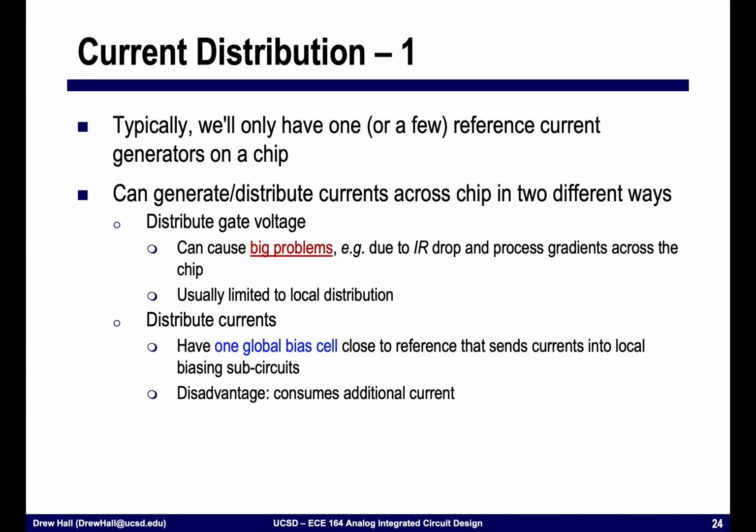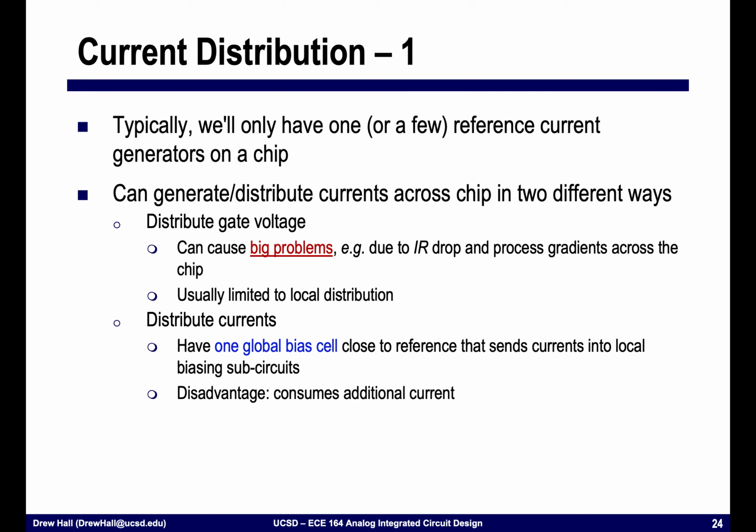All right, so now we know how to mirror currents, and coming back to the structure that I showed you on the first slide, where we generated a voltage, we then used a current generator in order to ratio and to tune that current.